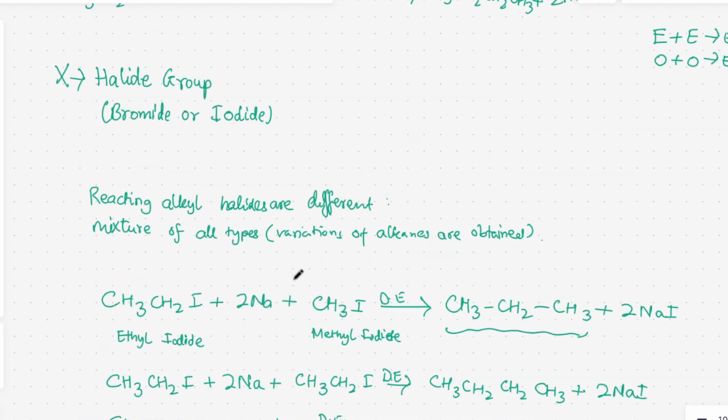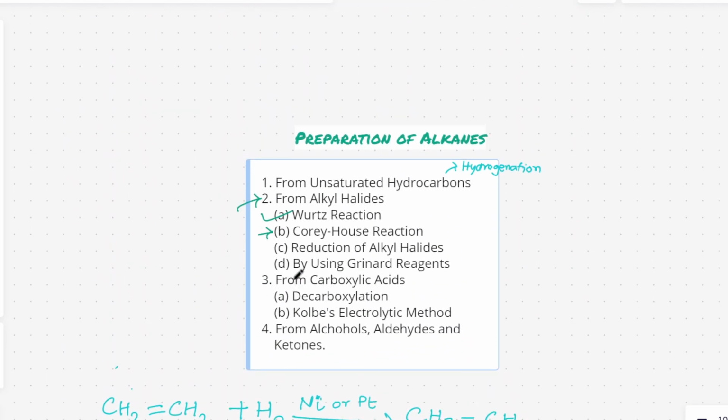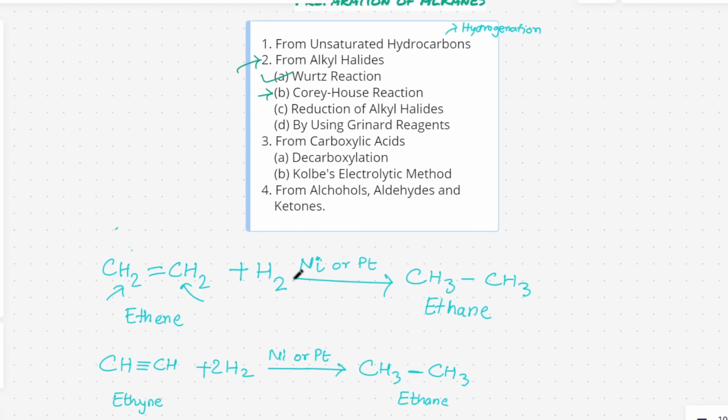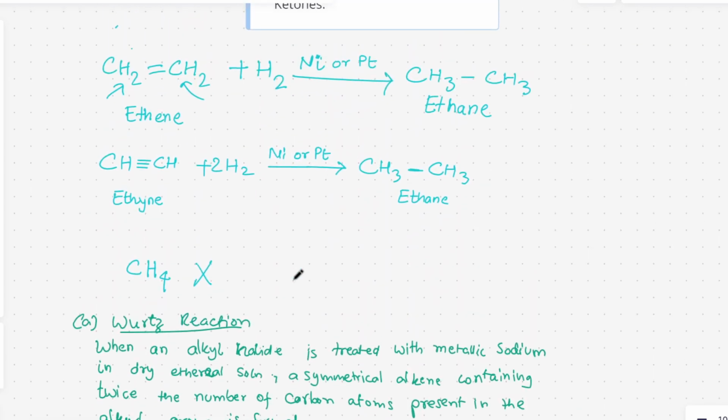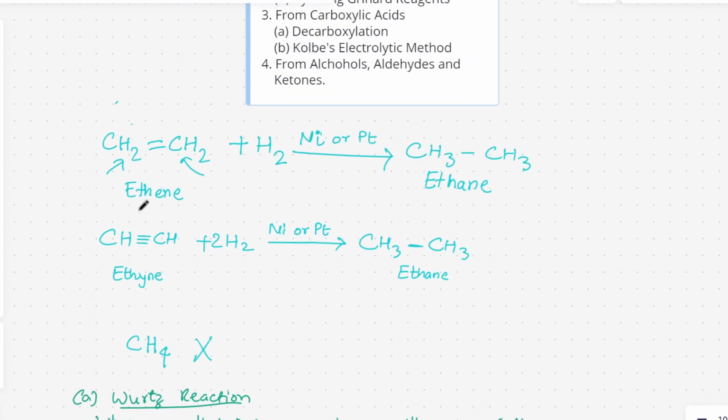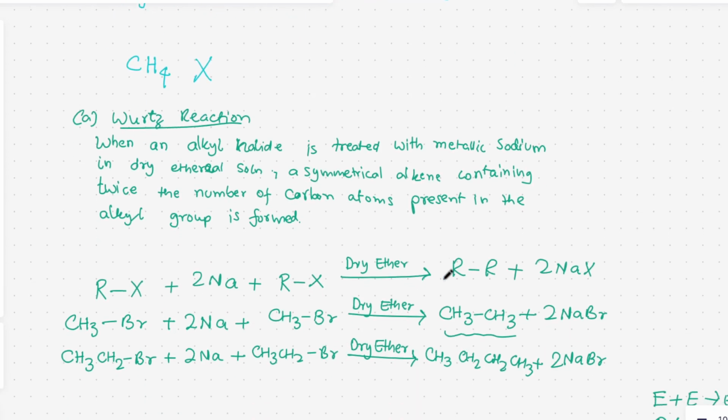So to recapitulate what we have done till now, we saw how addition of hydrogen, simply hydrogen, and breaking the pi bonds in an alkene or alkyne will give you an alkane, and that methane cannot be prepared by this method because there is no corresponding alkene or alkyne.